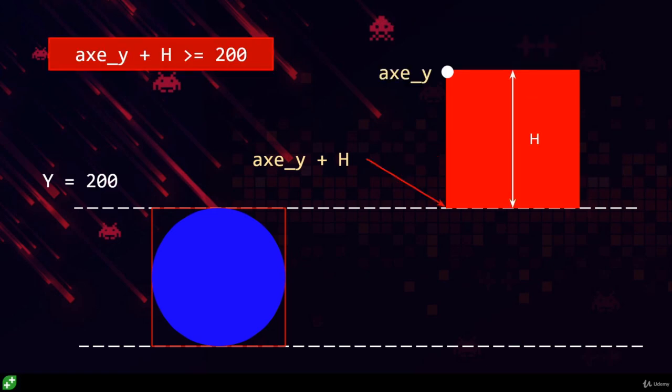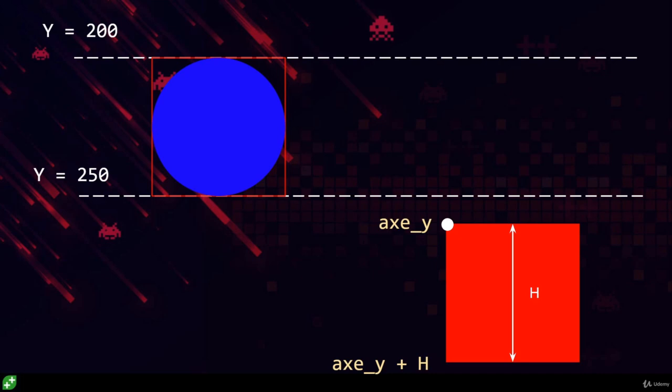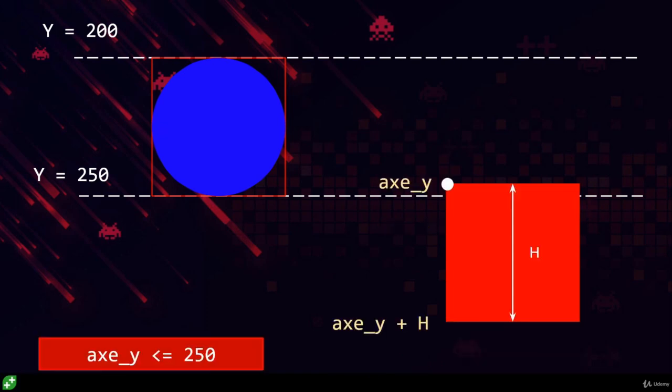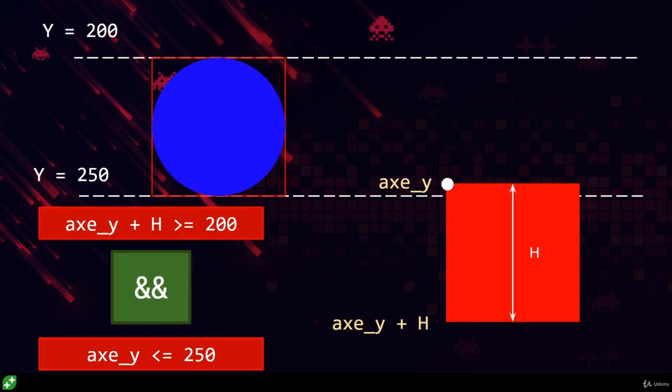Once the axe reaches the y equals 200 line, then axe y plus h is greater than or equal to 200. But if the axe has passed all the way through past the lower line, which is at 250, then we're no longer colliding with this movement track. Move the axe upward a bit and we're colliding again. This is when axe y is less than or equal to 250. So we have an AND situation here as well.